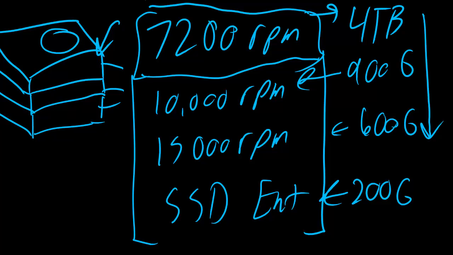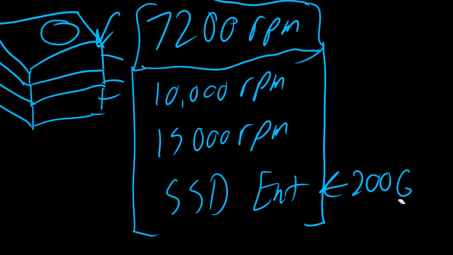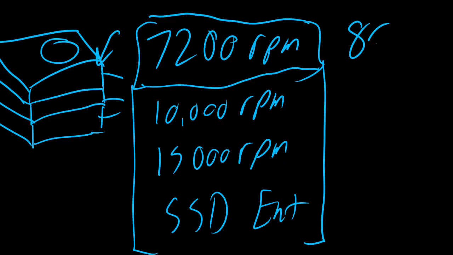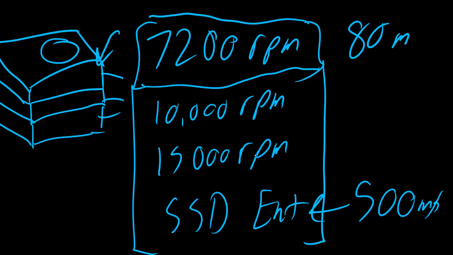So speed becomes a very important factor when you're looking at server disks, because while this guy here could probably get 80 megabytes a second, this guy here is probably pushing like 500 megabytes a second. The 15,000 RPM, I think that's like 180 to 220 meg.